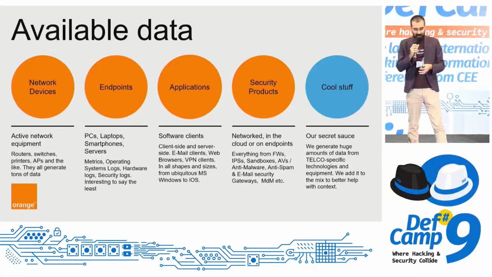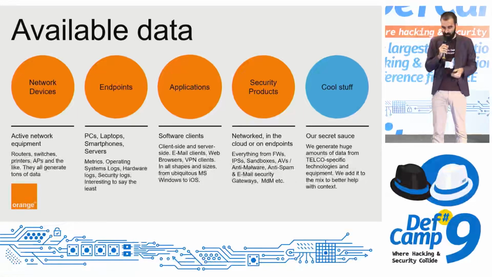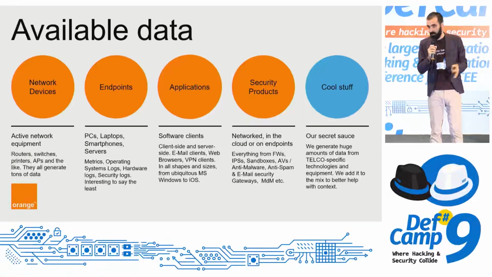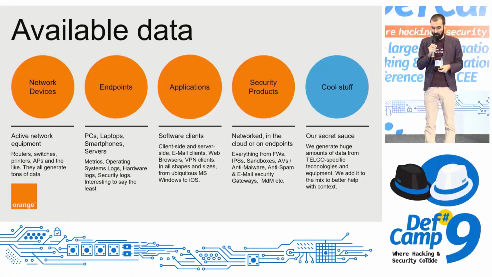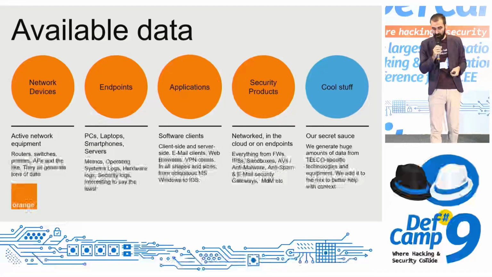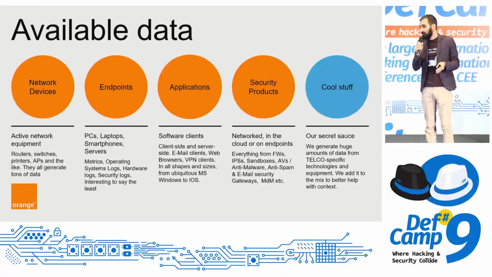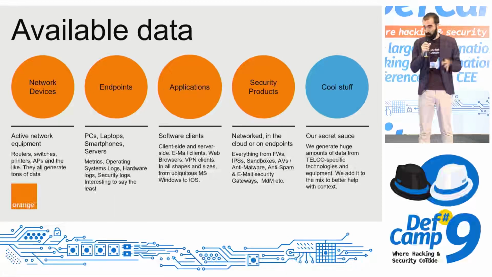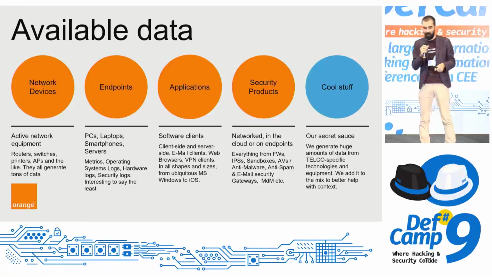You can get metrics like OS logs, hardware logs, security logs, and everything in between. And you have your applications that can run both client and server. You have your email clients, your web browsers, your VPN clients. They come in all shapes and sizes. They run on anything from MS Windows to iOS. They all generate information, they all generate logs, they all can tell you something about what's going on inside them.